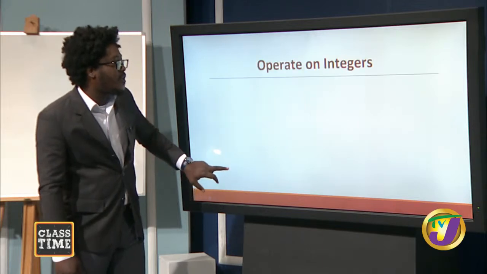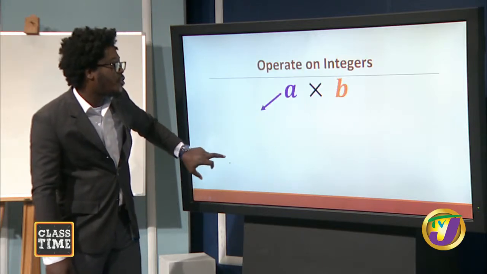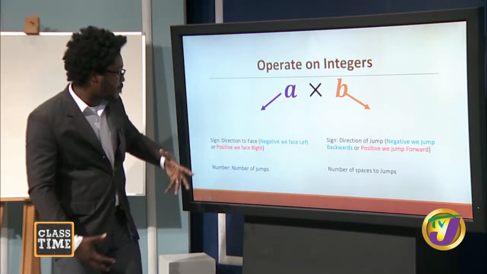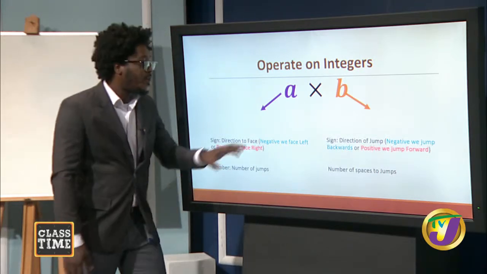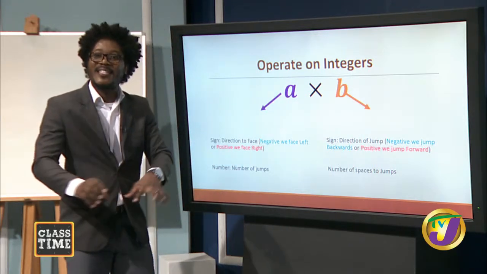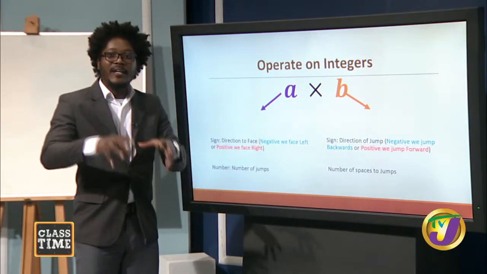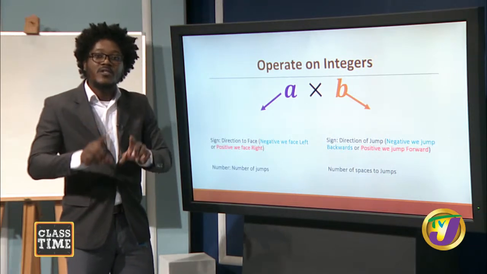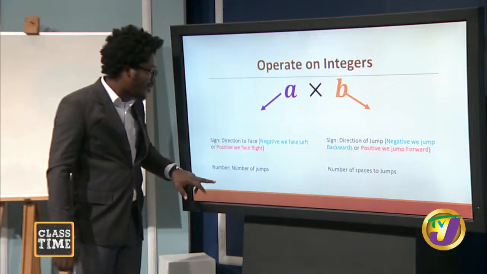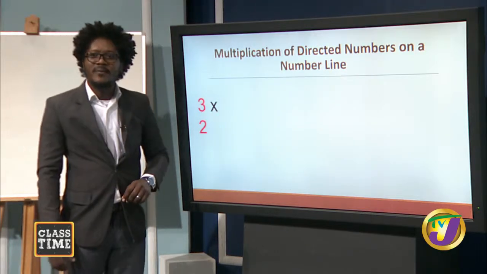So here we have two directed numbers. Remember, each directed number is giving a size and each directed number is also giving a direction.